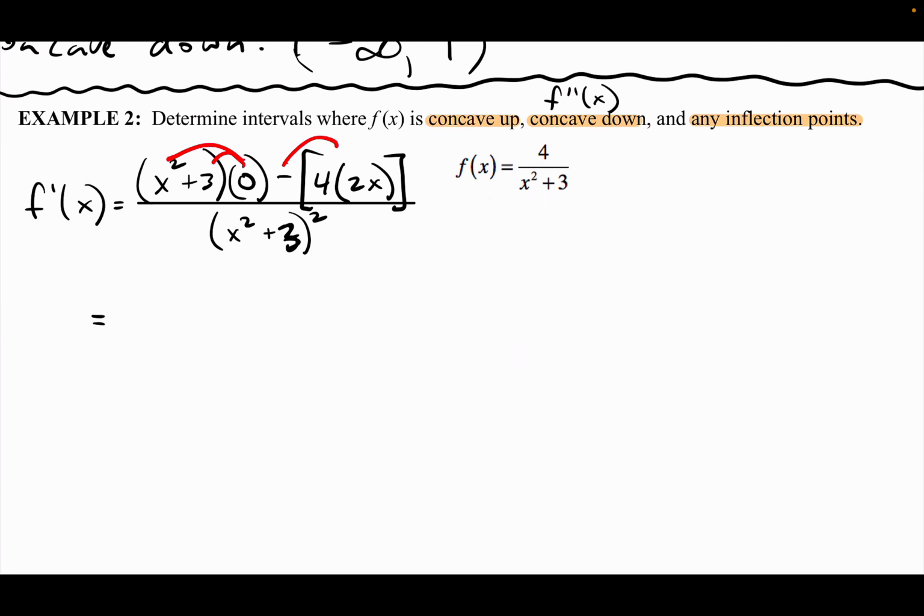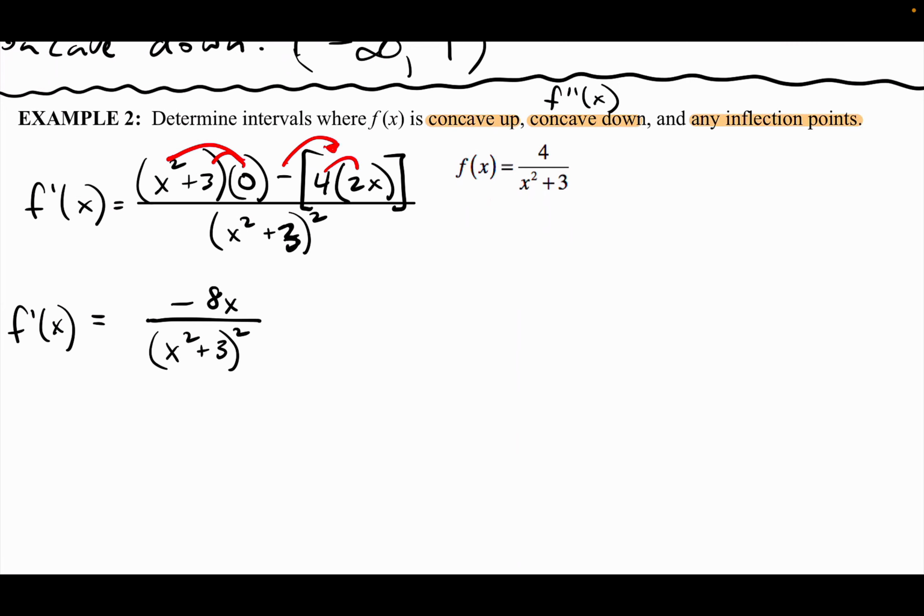And then I distribute the negative, and distribute the inside, I get negative 8x over x squared plus 3 squared. Should we simplify the square? What do you mean, the square part? The bottom? What do you mean simplify it? Multiply it out? No, no need to. Just leave it like that, yeah.